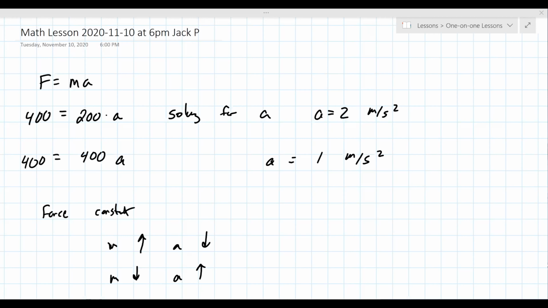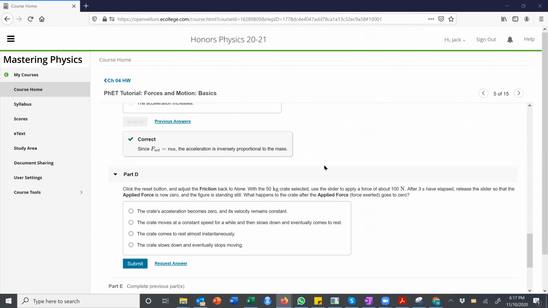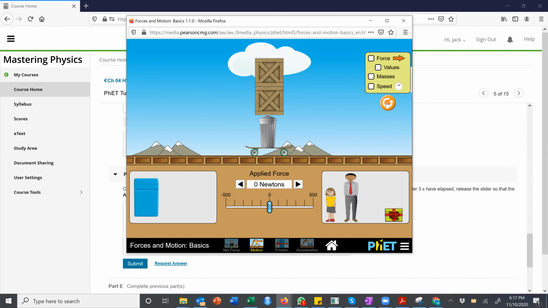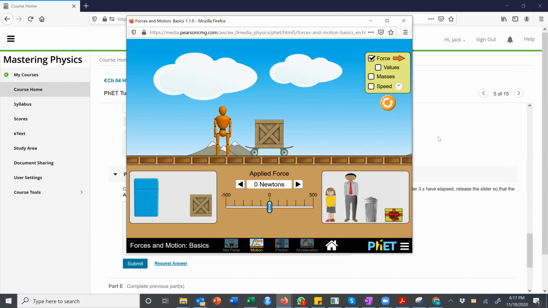Okay, so I got to do another new share. Screen one, new share. It says click the reset button and adjust the friction back to none with the 50 kilogram crate. Oh, there's the reset. That's the reset.